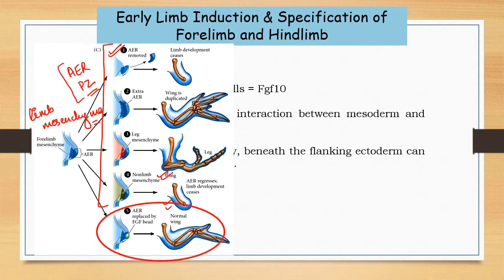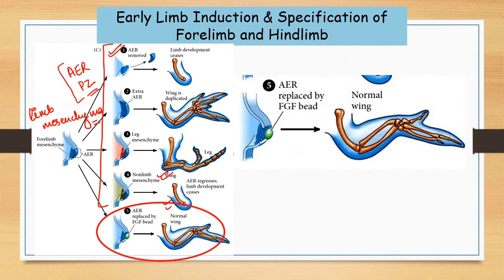In the fifth experiment, we know that AER helps in secreting the FGF8 molecule. This FGF8 molecule induces lateral plate mesenchymal cells to secrete the FGF10 molecule, and this FGF10 molecule helps in continuous proliferation of lateral plate mesenchymal cells and then development of the limb bud. So we had to see whether AER's function is only to produce the FGF8 molecule or whether there are other factors released by AER.